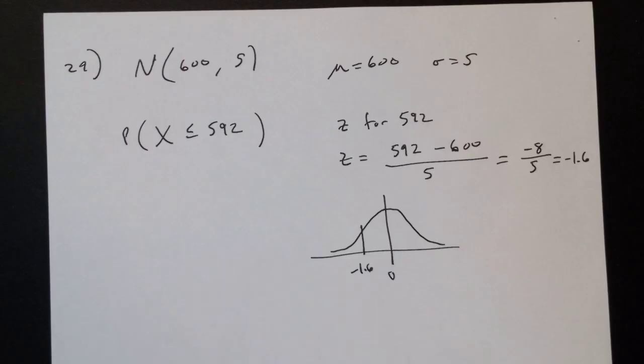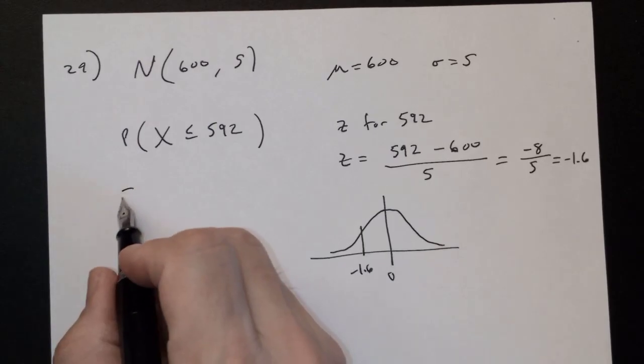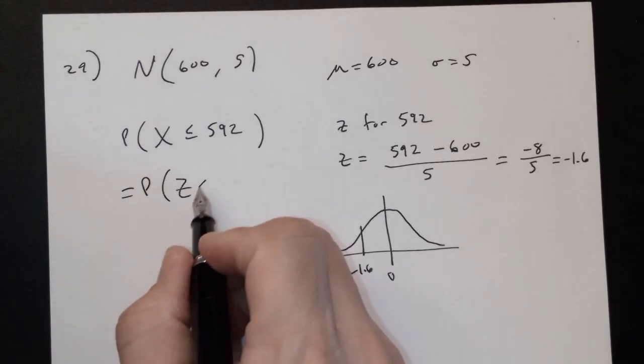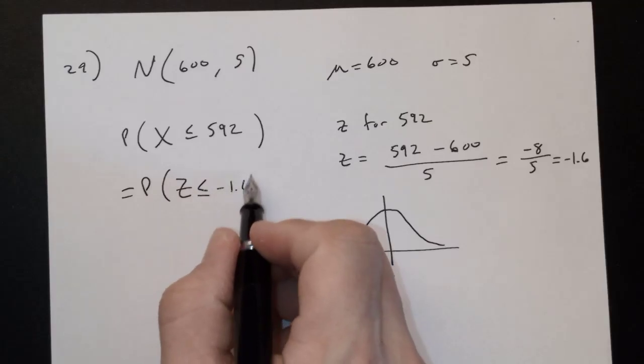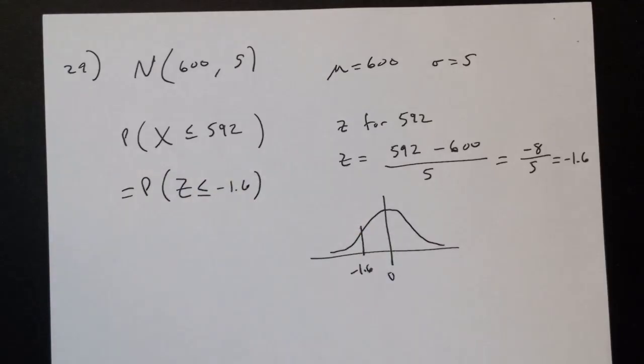And we want this chance, but that's the same as this chance. So instead of looking at an arbitrary normal distribution, I can jump to the standard normal, and now I say to myself, how do I get that number?